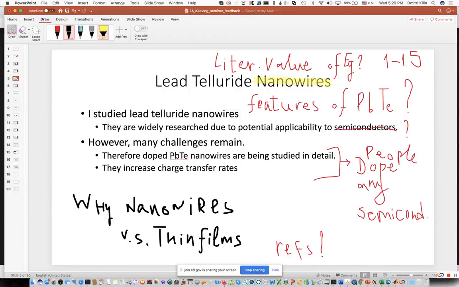My guess is that it's easier to modify a nanowire's configuration or form. You can add or remove atoms through the process of doping or make any other modifications you need to these nanowires. I'm guessing with thin films, it's harder to make those modifications.